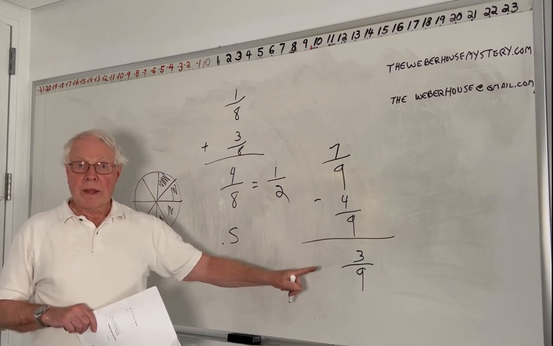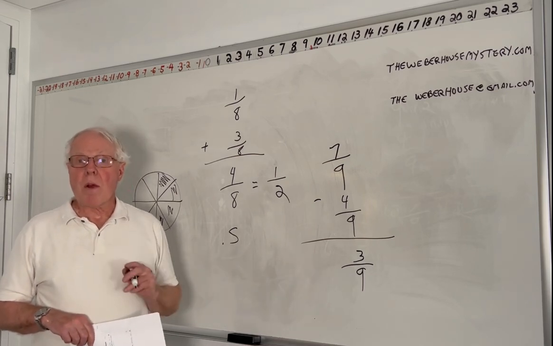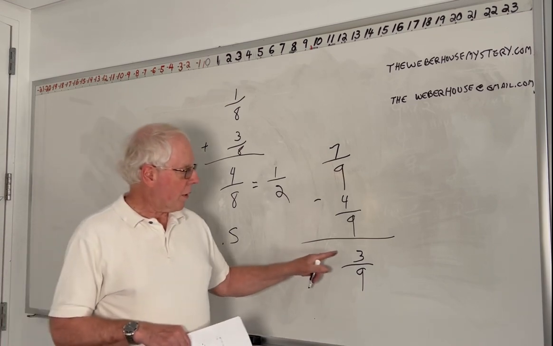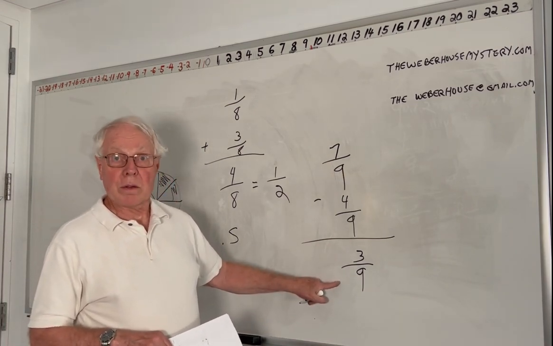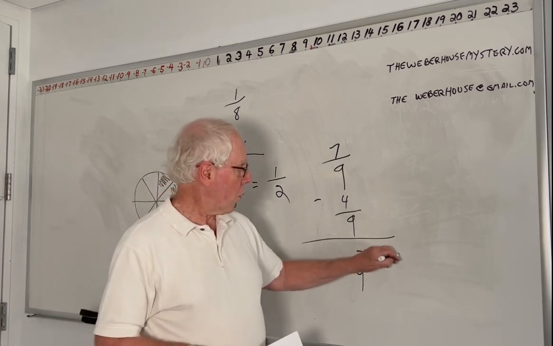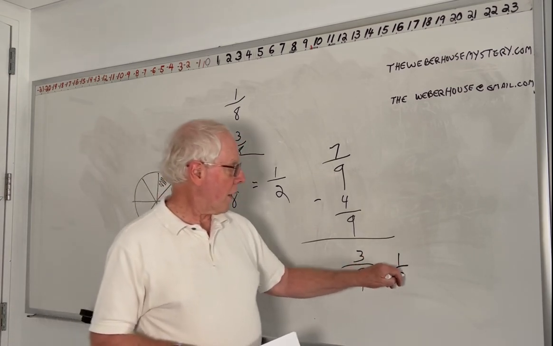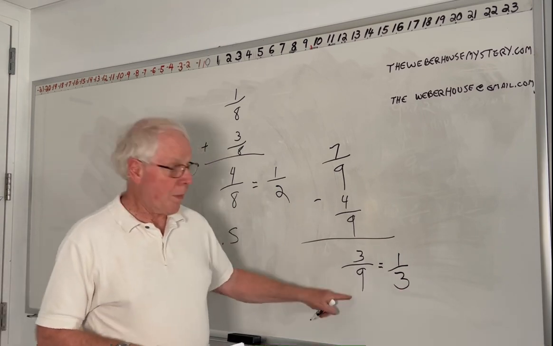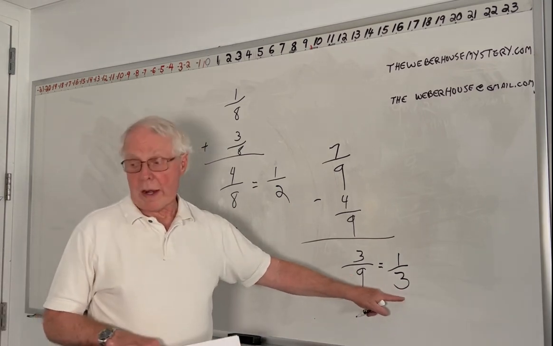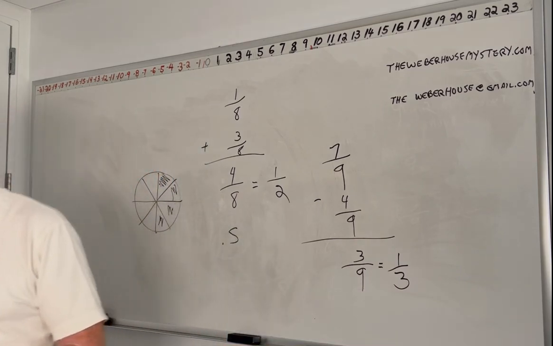It's correct, it's accurate, but they would mark it wrong on the test. Why? Because is there some number that goes into both 3 and 9? Yeah, 3. 3 goes into 3 once, 3 goes into 9 three times, and that would be the correct answer, 1/3. These are the same, but this is the only one that's the right answer on most tests.